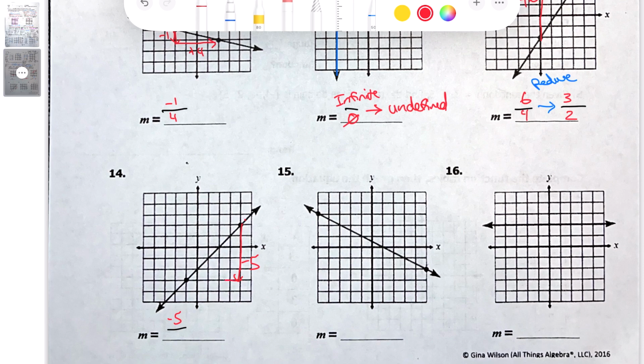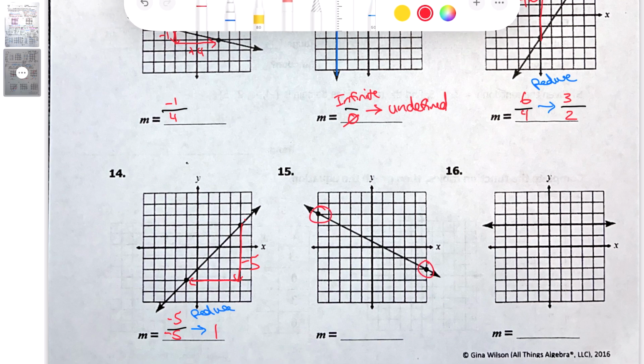And I'm going to go left 1, 2, 3, 4, 5. So they're both negative. So again, I need to reduce this. I can't leave it negative 5 over 5. So I want to reduce, and I'm going to just end up with positive 1, because negative 5 divided by negative 5 is positive 1, which is the same thing as saying 1 over 1. Again, if you left it 1 over 1, I'd probably be fine with that, because you're still showing me the fraction. But you do need to make sure you reduce it down at least to ones.